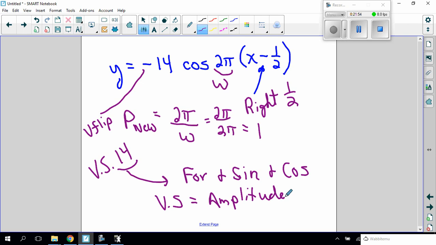So I call it the vertical scale because that works for all 6. But for secant, cosecant, tangent, cotangent, there's no such thing as a vertical scale. There's no such thing as an amplitude. Only for sine and cosine do you call it amplitude, and make sure you always call it positive, because a wave can't have a negative amplitude. It's like the absolute value of the front number. Anyway, the amplitude is 14.